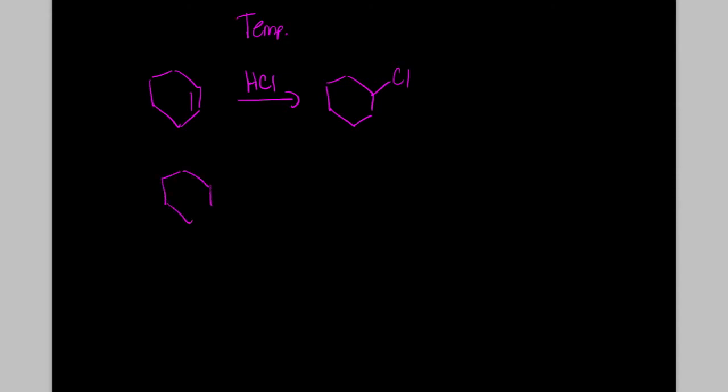Now, another thing to think about is temperature dependence. It is possible for an alkene to react with hydrochloric acid to form, I'll just simplify this and write, chlorocyclohexane, and it is possible for chlorocyclohexane to react to form cyclohexene.